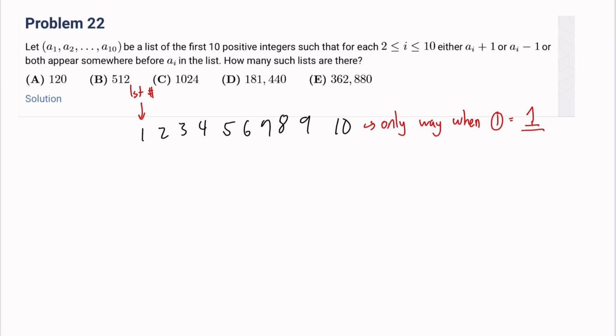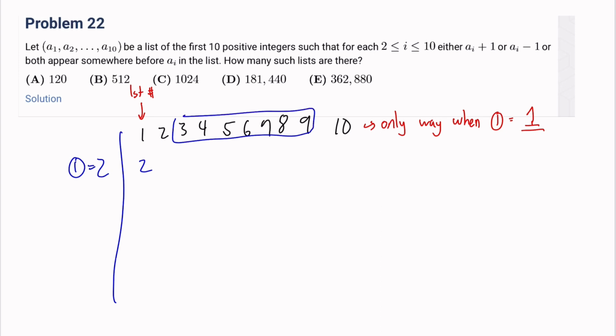And next is if the first number is 2, right? We know that all the rest of the numbers except for 1, so 3, 4, 5, 6, 7, 8, 9, must be in this order, because regardless of where 1 is, the next non-1 number right after 2 must be 3, and same thing for 4, and same thing for 5, because of the same logic that we used here.